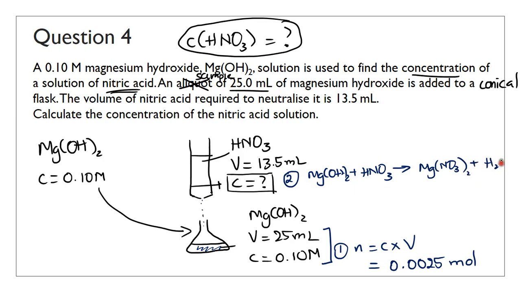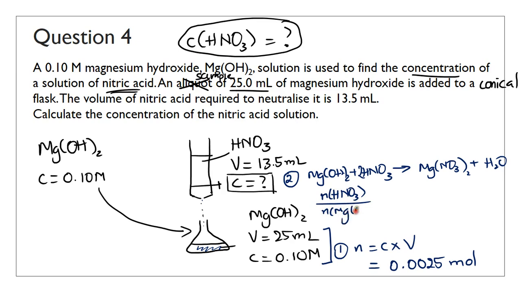So you're going to need to double the number of acid because you have two hydroxide groups here. When you get very good, you don't even need to write the equation. You should be able to work out the ratio between the acid and the base just by looking at the formulas. But that's probably for next year. So once you have the equation, you can find the number of mole of nitric acid using mole ratio.